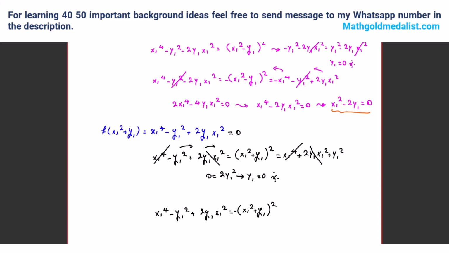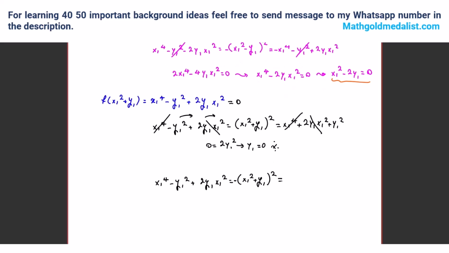That's a contradiction. For this one, we can say negative x1 to the 4 minus y1 squared minus 2x1 squared y1. Now we can cancel negative y1 squared from both sides. Let's take all things to the left hand side. We can say 2x1 to the 4 plus 4y1 x1 squared is equal to 0.